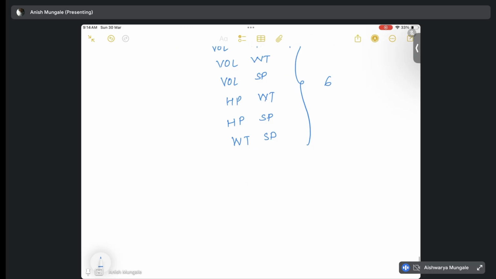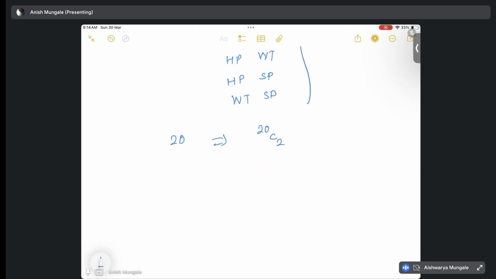But let's say there are 20 parameters. How many graphs would I have to plot? That would be 20 combination 2. So what will the value be? The easiest way to calculate is to first see how many values are there. 2 means 2 into 1, and then 20 into 19.